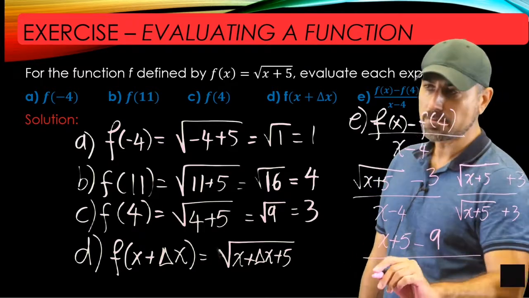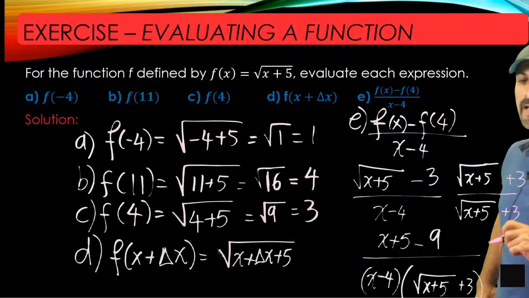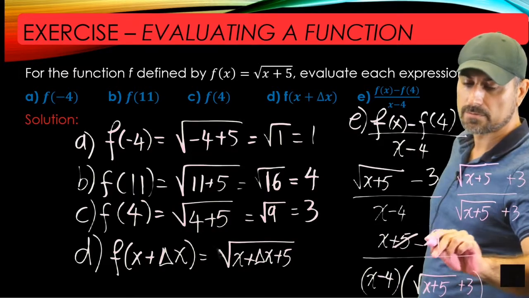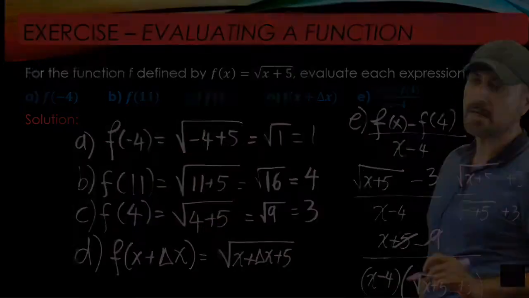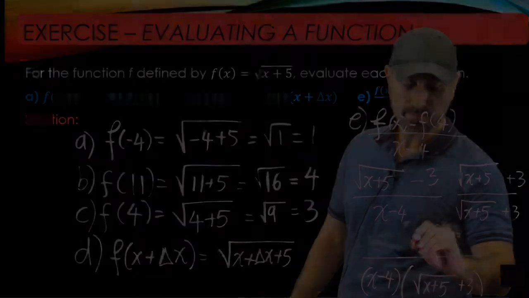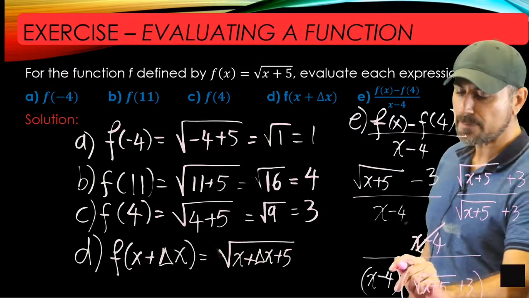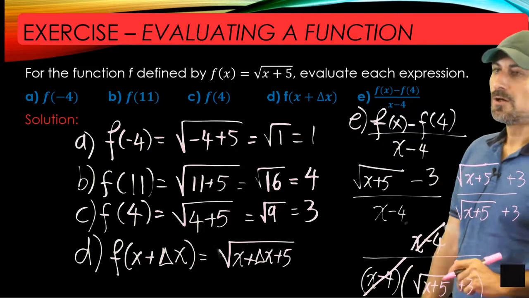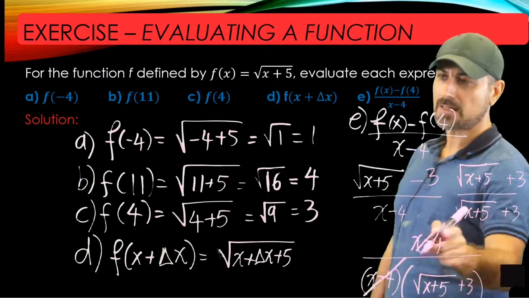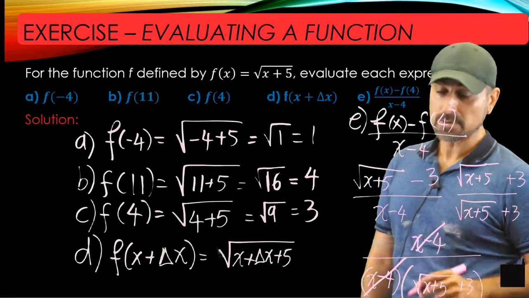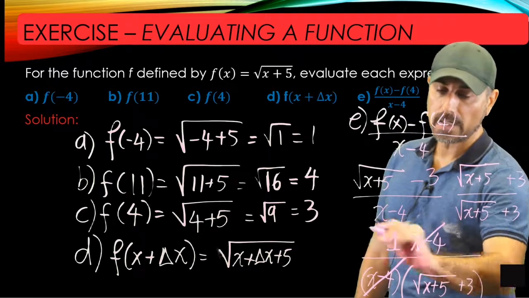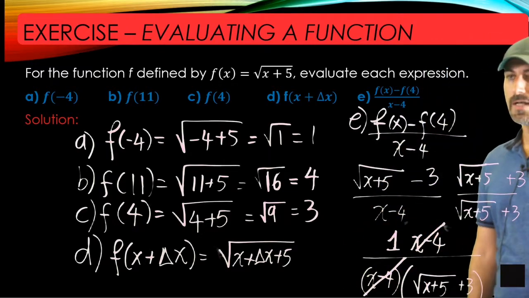You can cancel out plus 5 and -9. It's x minus 4. But as you see, this expression is exactly the same as the denominator. From algebra, we know that you can cancel out those same terms, and then you have 1 left at the top after the cancellation.